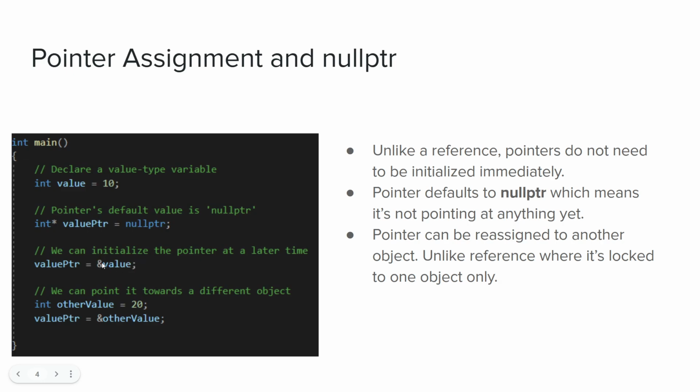So we need to use ampersand to access the address of the variable. That's all it does. You have more control of this. You can't do this with reference. If you have int ampersand value pointer is equal to value, you're not going to be able to change it to something else. You cannot do this at all. So yun yung pagka-unique niya.